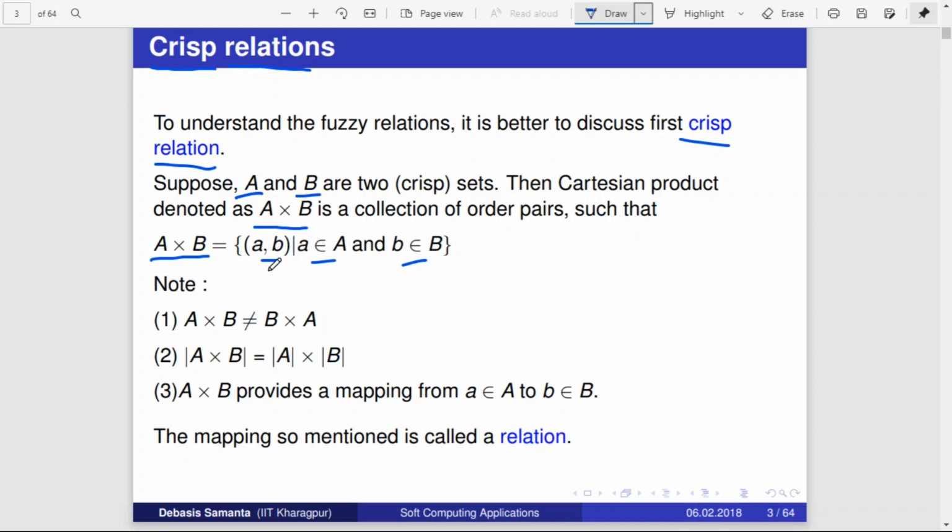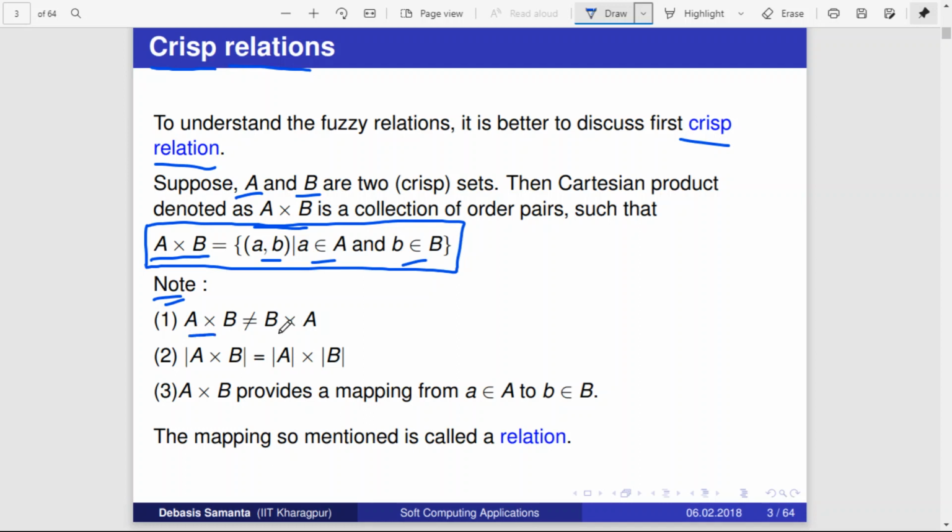We shall discuss this with an example. So this is how the Cartesian product of two crisp sets is defined. It is the set of all elements (a, b) such that a belongs to the set A and b belongs to the set B. Here there are certain things which we should note.